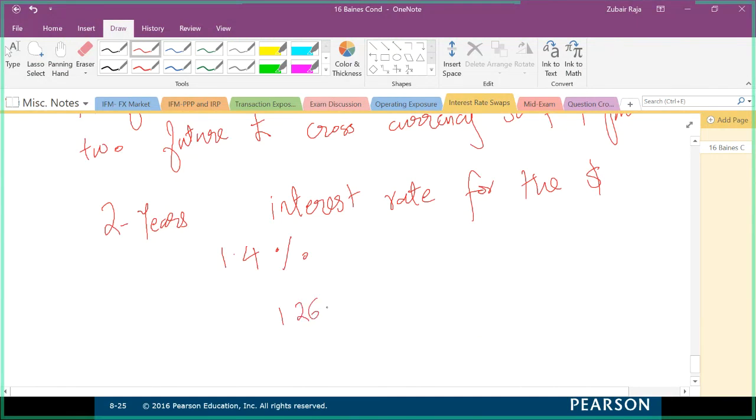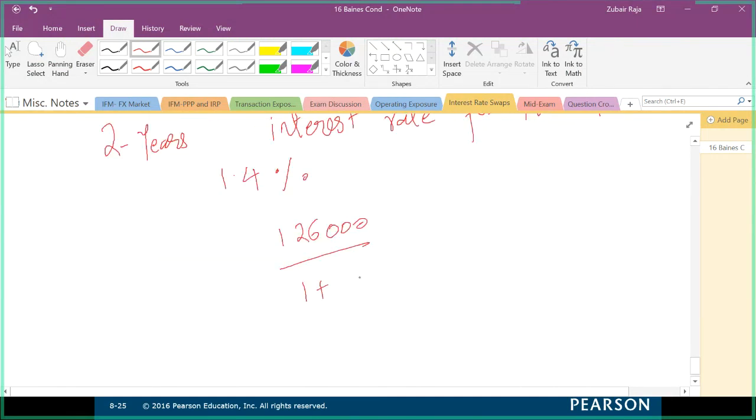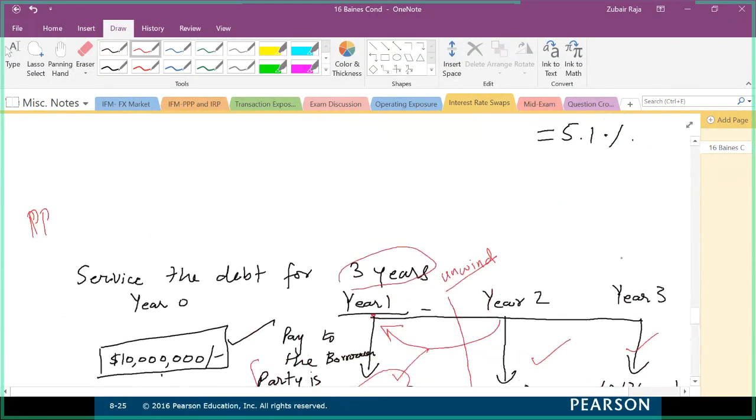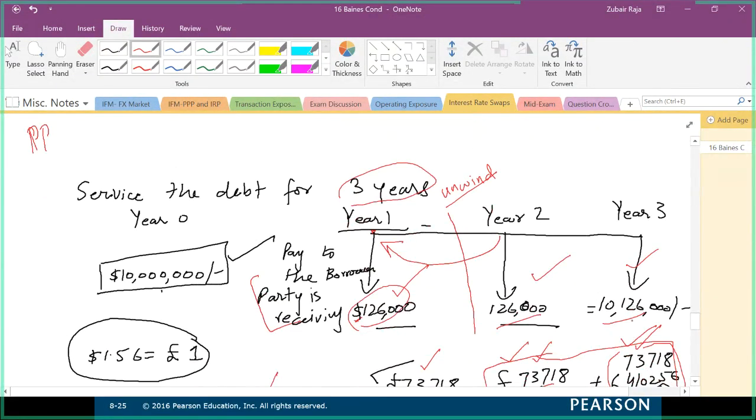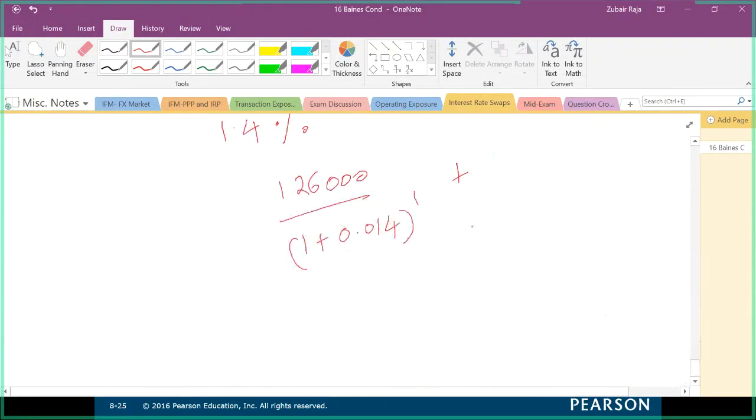So one payment was the interest payment, which is 126,000 divided by 1 plus 1.4%, which is 0.014, raised to the power 1. Plus, what is the second payment? This is actually 10,126,000. So 10 million is the principal and 126,000 is the interest portion.